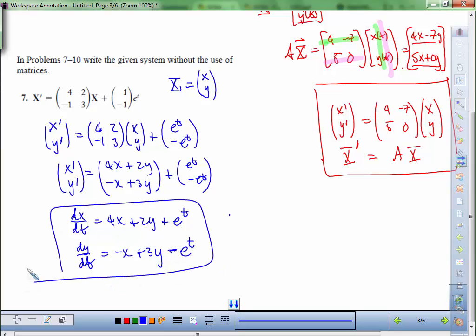So now we've successfully transferred from a matrix to a pair of equations that constitutes a system. So here's a linear system of differential equations. Any questions?